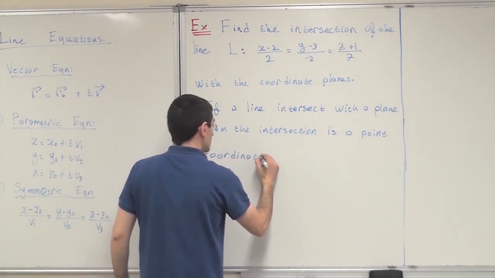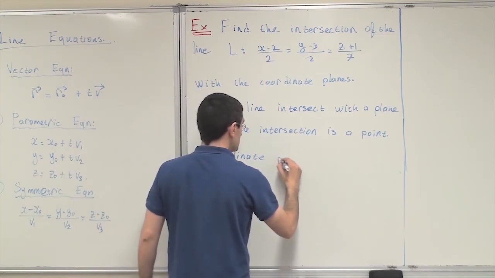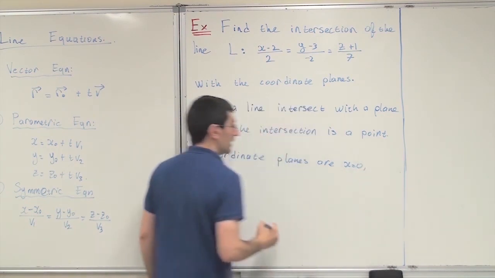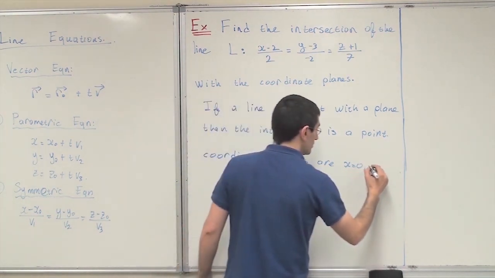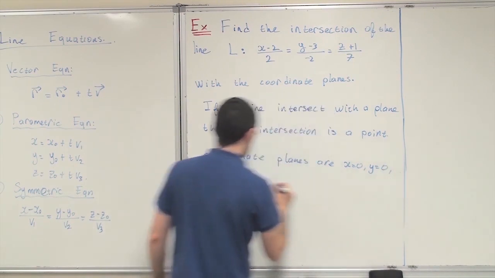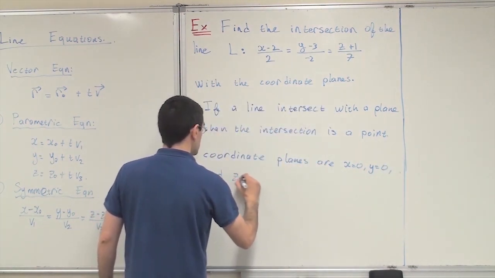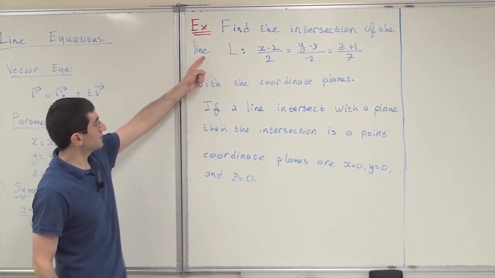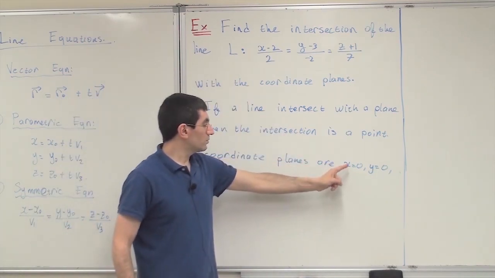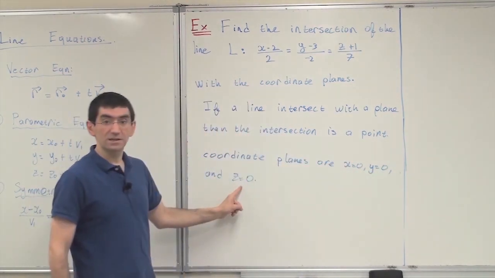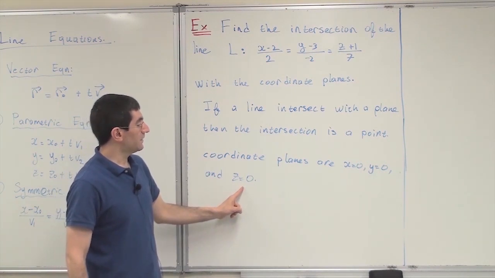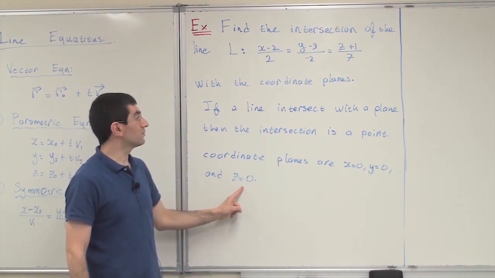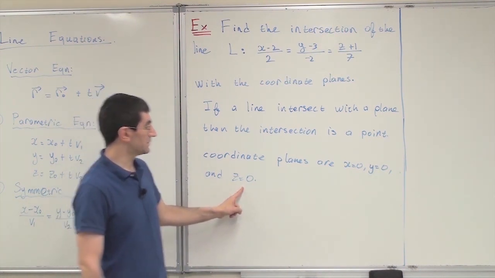So we have, as you know, 3 coordinate planes, which are given by the equations x equals 0, y equals 0, and z equals 0. So in this exercise, I'm going to intersect this line L one by one with these 3 planes, and if there is an intersection, we are going to find the point where this line intersects with these planes.